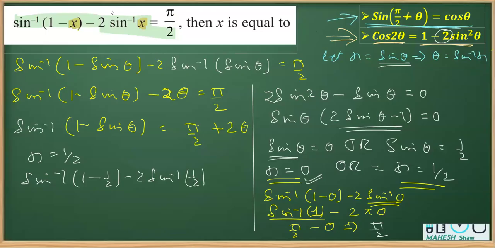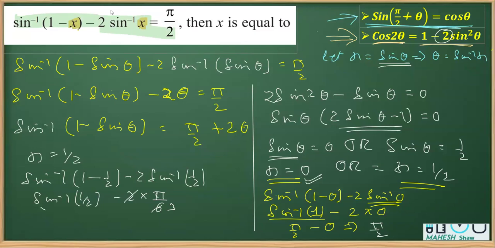That's on the LHS. So this is sine inverse of 1 minus half, which is half, minus 2 sine inverse half, and sine inverse half is 30 degrees, that is pi by 6. Twice that can be reduced to pi by 3.